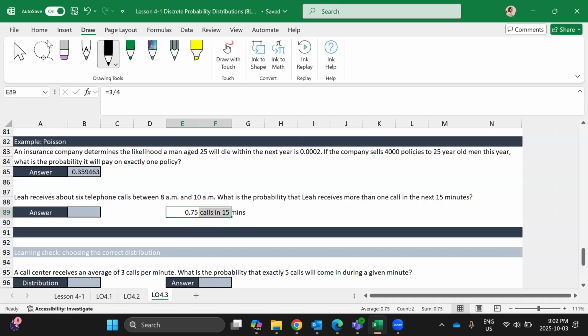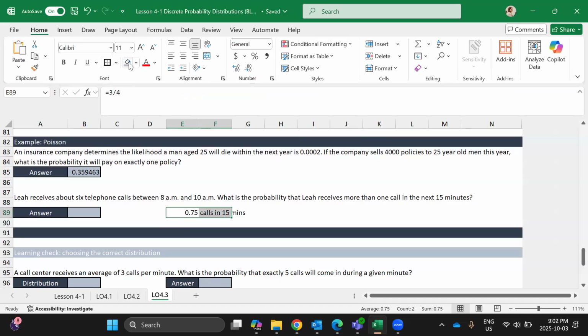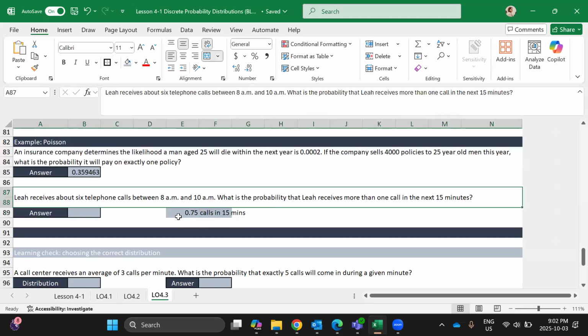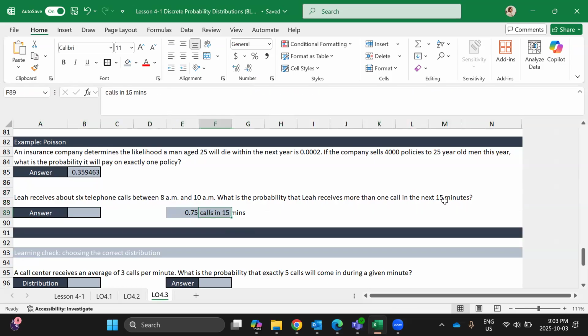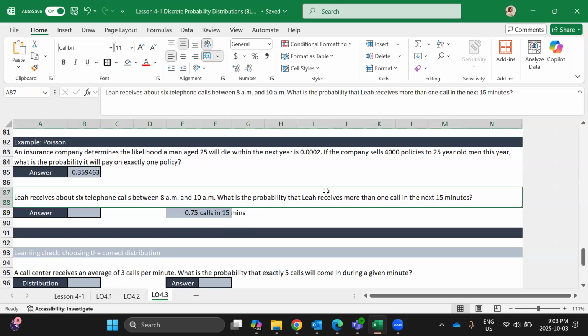This is what you call the rate parameter, the lambda, from the question. Because it's asking for the probability that she'll get more than one call in 15 minutes, we have to take the rate of telephone calls and put it into 15-minute units, because that's what the question is focused on.